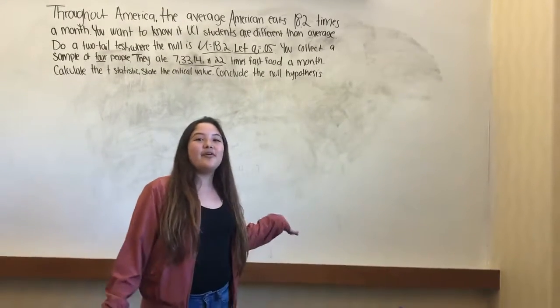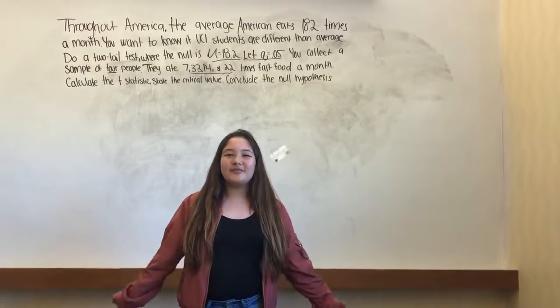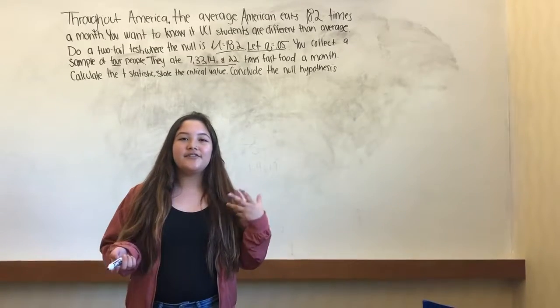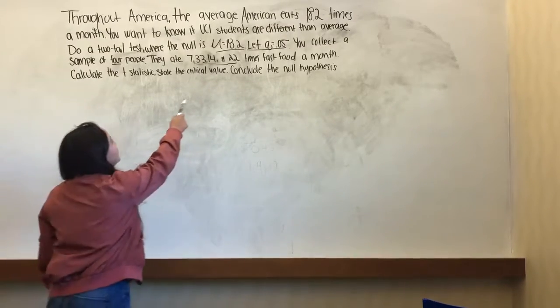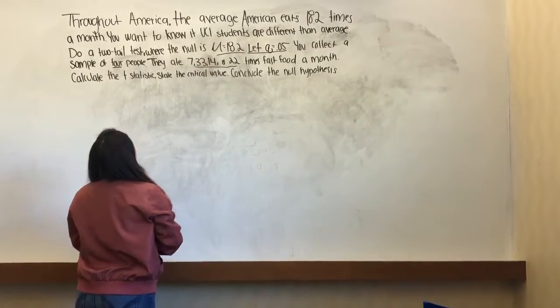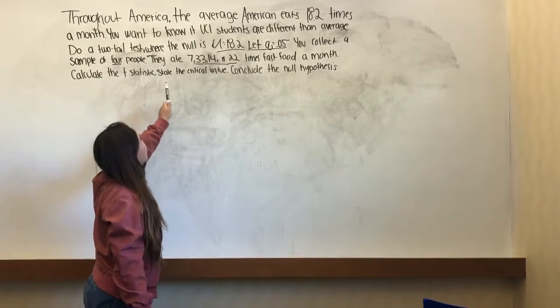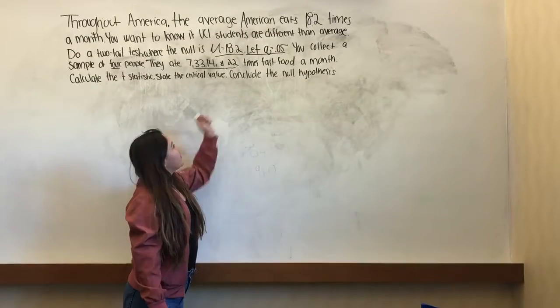So this is an example of whether UCI students eat more junk food than the average American. In this example, we're going to identify the variables. So the average, which is also the null, will be 18.2. And we also have a sample of 4, and they ate fast food 7, 33, 14, and 22 times a month.